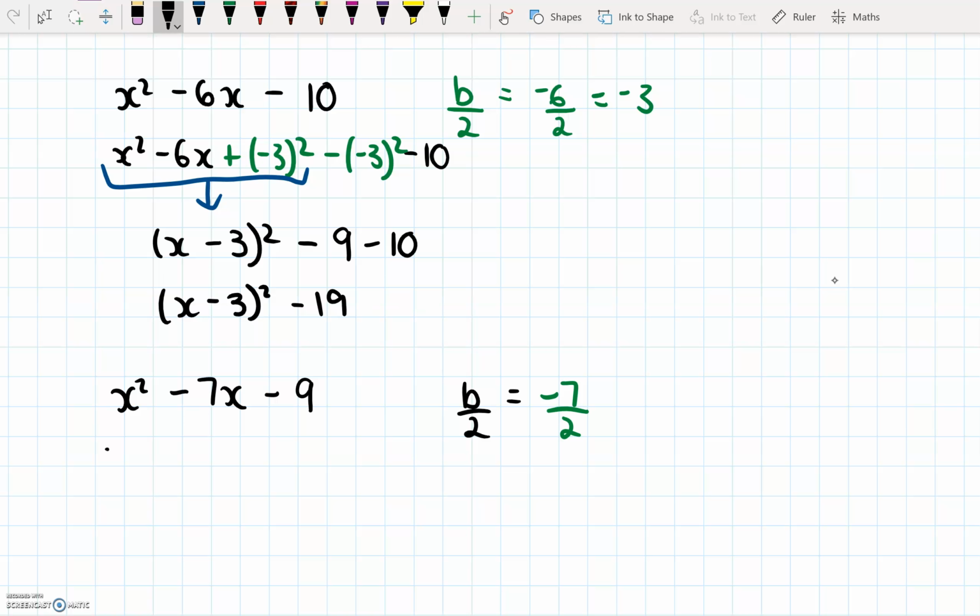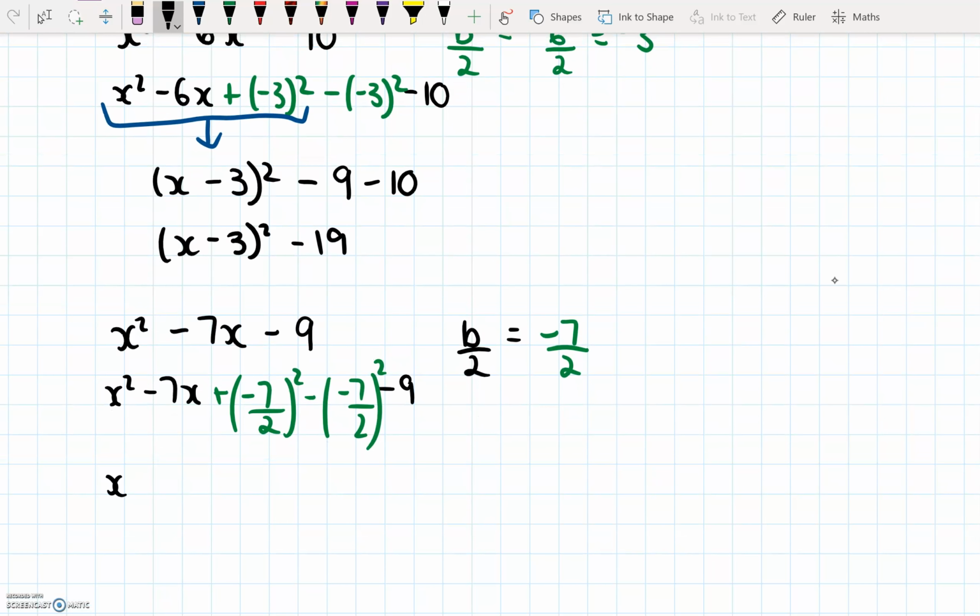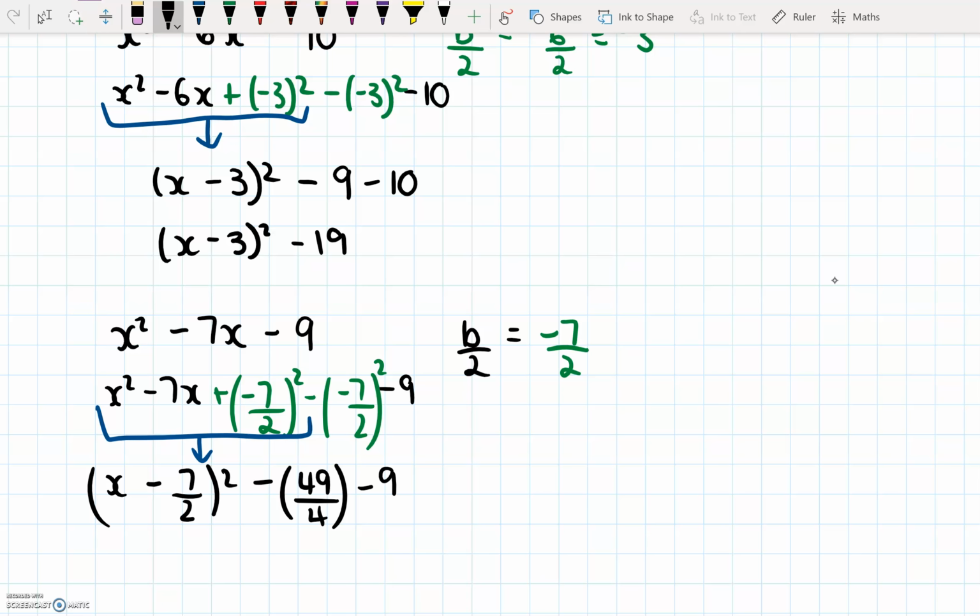So here we have x² − 7x, move the −9, plus (−7/2) minus (−7/2), and they should be squared. And then when we do that, we get (x − 7/2)², and then minus 7² is 49, and 2² is 4, minus 9.